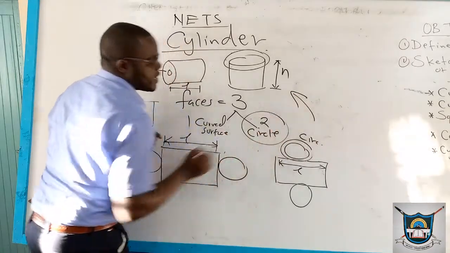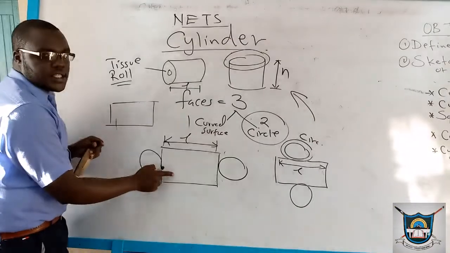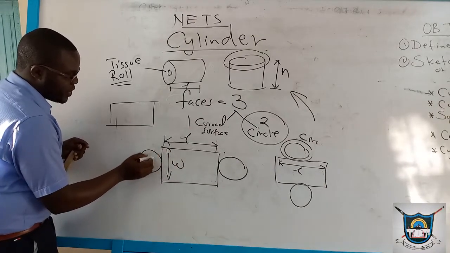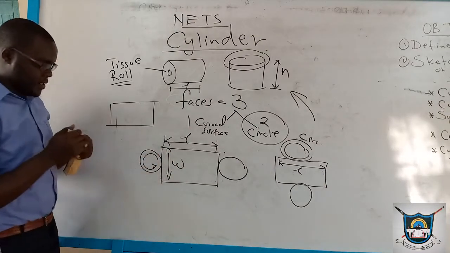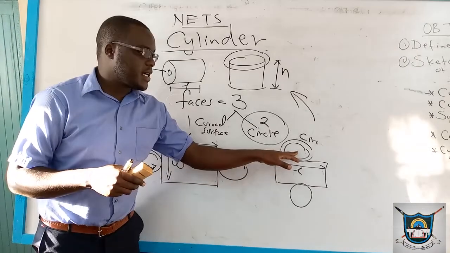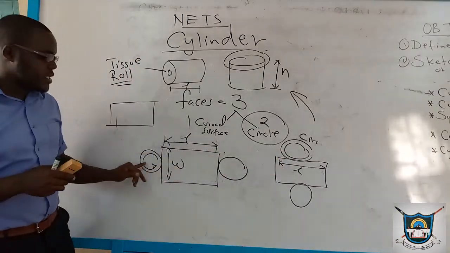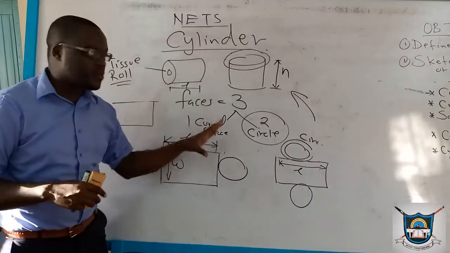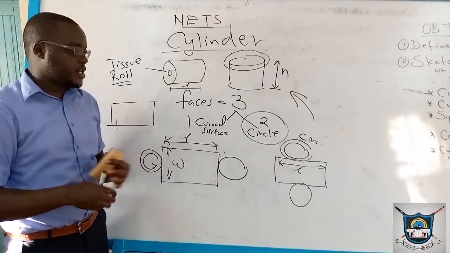That is for this diagram. However, for this case, the width is what will correspond with the circumference. So you need to be careful on when to use the length as the circumference or the width as the circumference. In both cases, the cylinders should come back to the same shape.